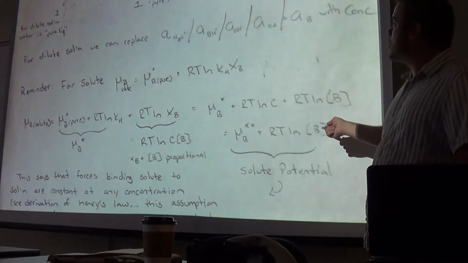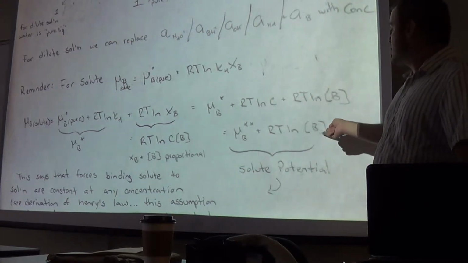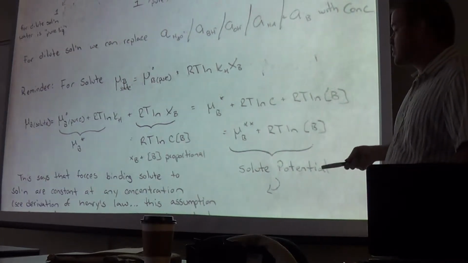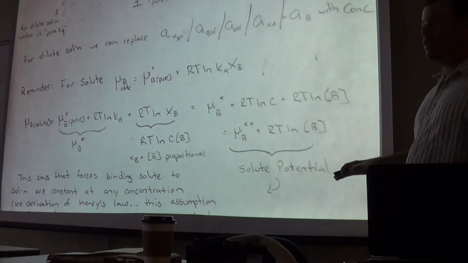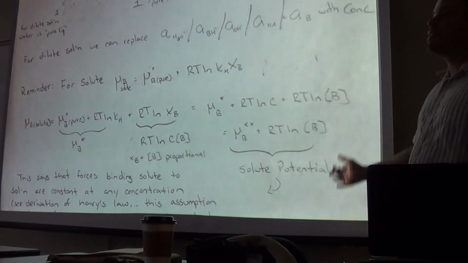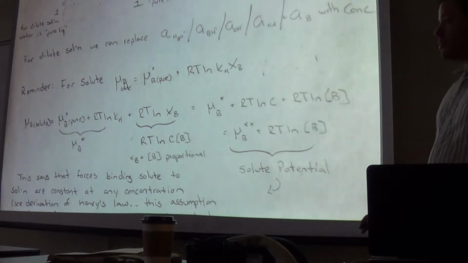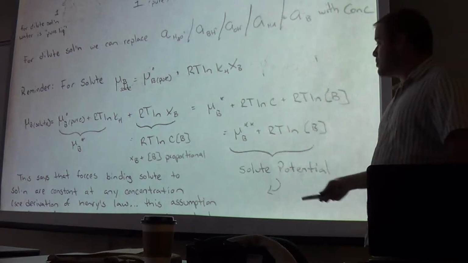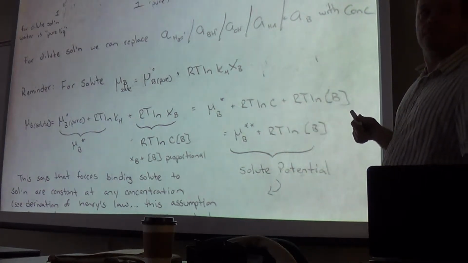So that's essentially what we're dealing with when we say that we can express those activities as concentrations. We're dealing with the approximation that we have a very dilute solution and those ions are not interacting, and so in that limit they obey Henry's law. In general, ions do not obey Henry's law, and so that model doesn't work. Okay?